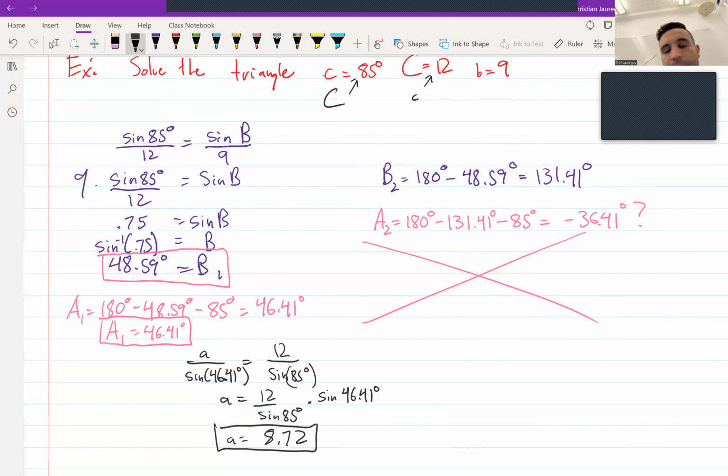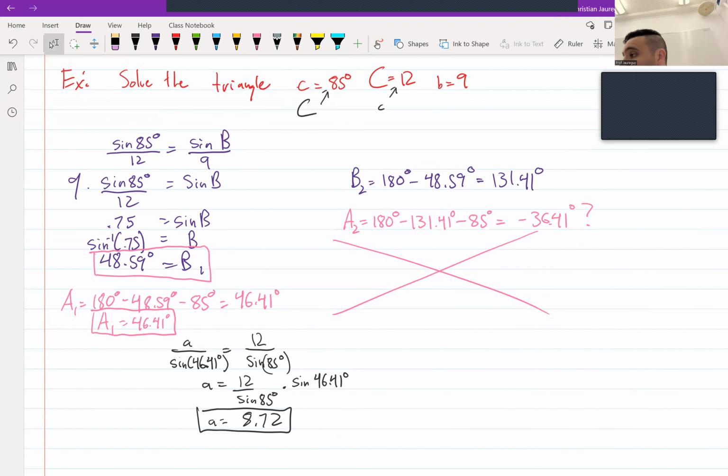Those are your three answers. So I hope this is starting to make sense. We're going to try one more quick one with law of sines, and then we'll move forward to law of cosines.